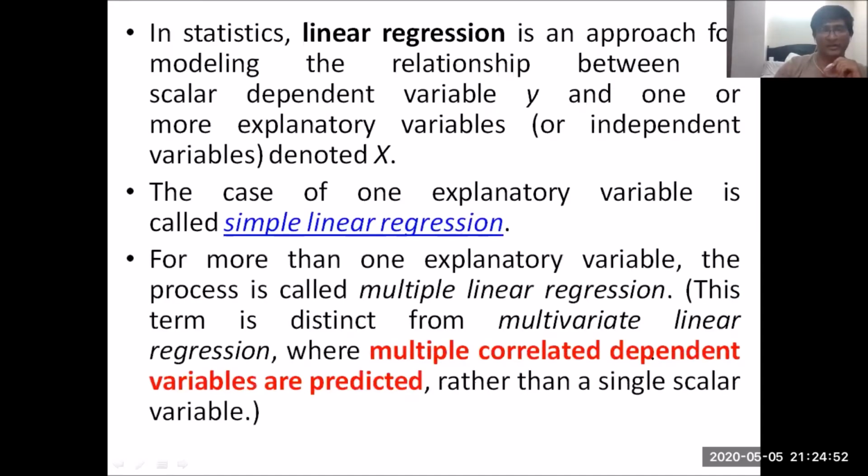For more than one explanatory variable, the process, as I've already said, is multiple linear regression. We also normally call that multivariate linear regression, where multiple correlated dependent variables are predicted, rather than a single scalar variable.